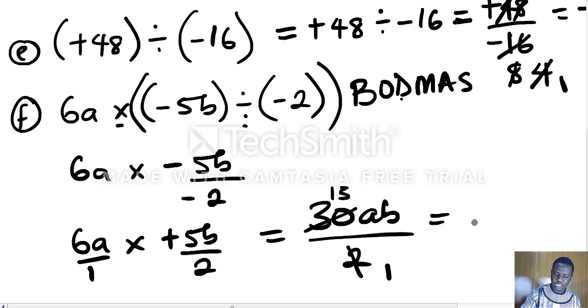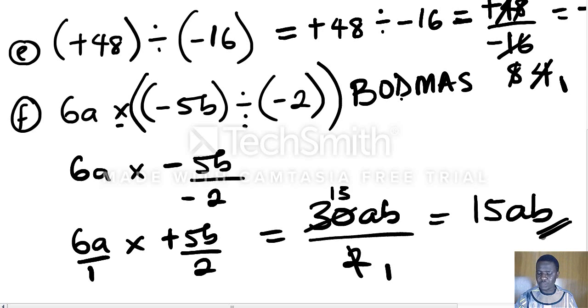So that our final answer becomes 15ab. You may want to ask, where is the sign? Why is the positive not there? Whenever your sign is positive, you may decide not to write positive, or you may choose to write positive. But if it is negative, the negative sign must be there to show that it is a negative. So you can either leave it this way, or you write it as positive 15ab.